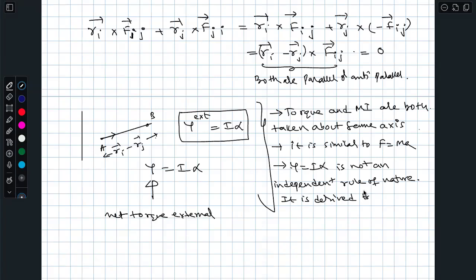It is derived from more basic Newton's laws of motion.